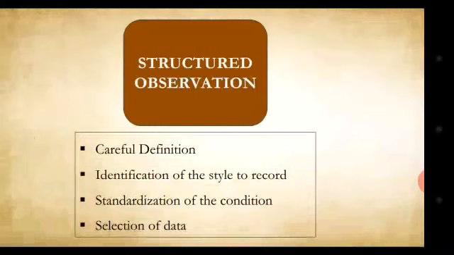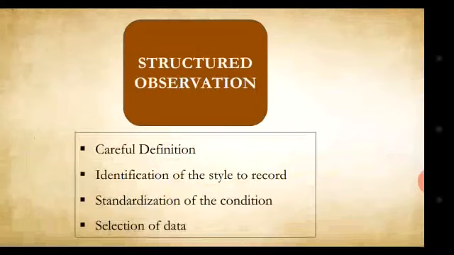I'm going to focus particularly on the target to be observed. When I mention the word target here, it is the object on which I'm going to focus my entire observation. So I'll have a careful definition, and then a definite identification of the recording type. So how am I going to record it?